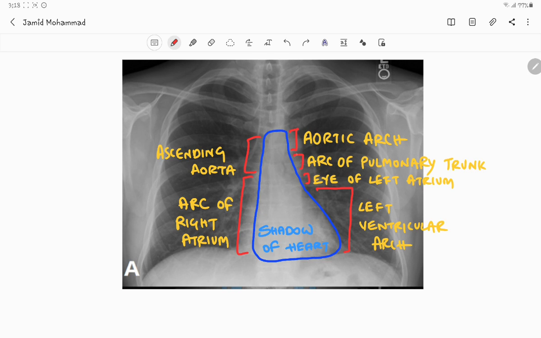And this is the aortic arch, arc of pulmonary trunk, the left atrium, the left ventricular arch. On the left, they are located on the left side of the heart shadow, and on the right side of the shadow of our heart, we can see the ascending aorta and the arc of the right atrium.